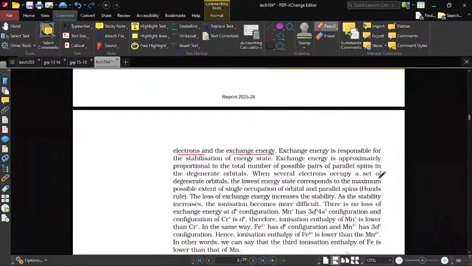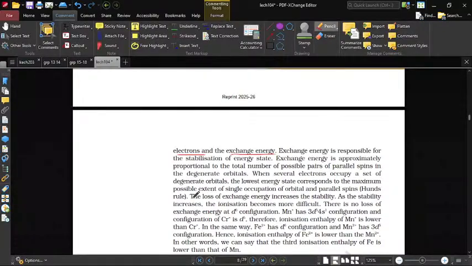When several electrons occupy a set of degenerate orbitals, the lowest energy state corresponds to the maximum possible extent of single occupation of orbitals and parallel spin, Hund's rule. The loss of energy increases the stability. As stability increases, the ionization becomes more difficult.